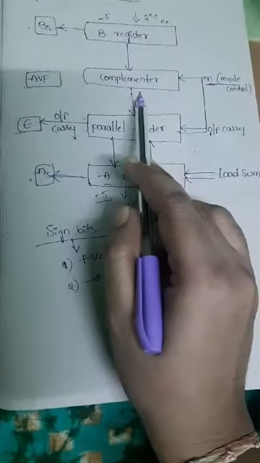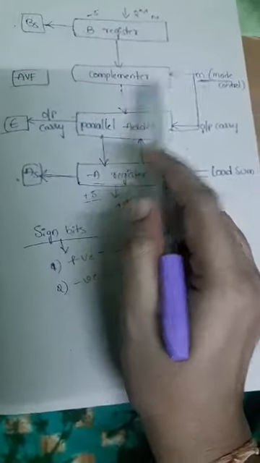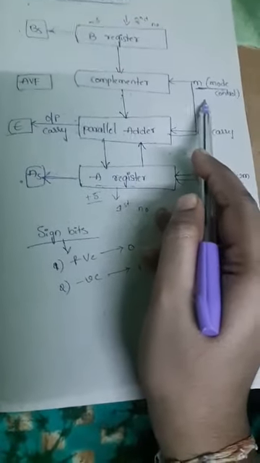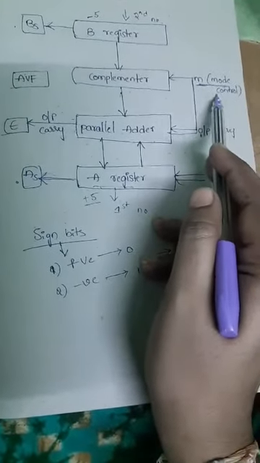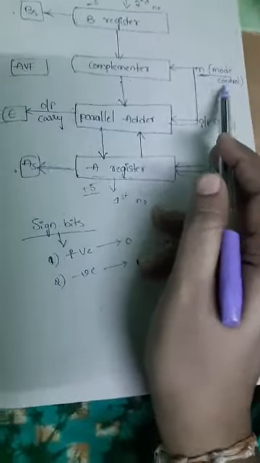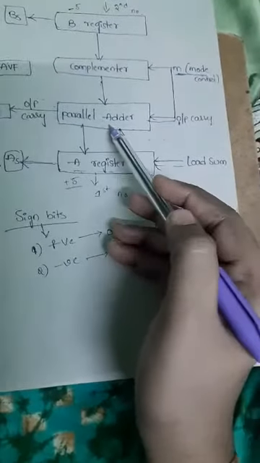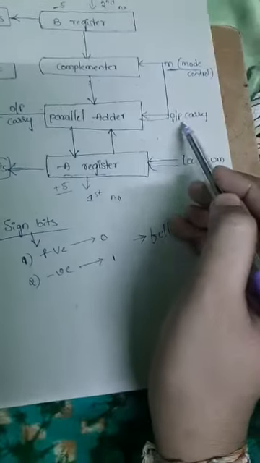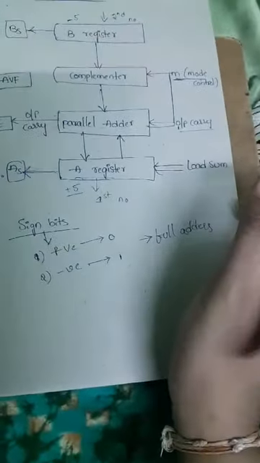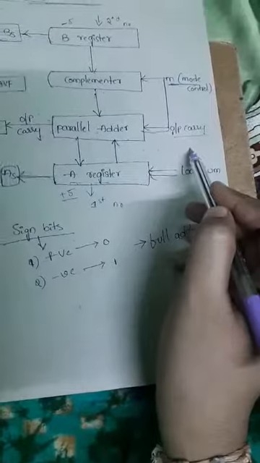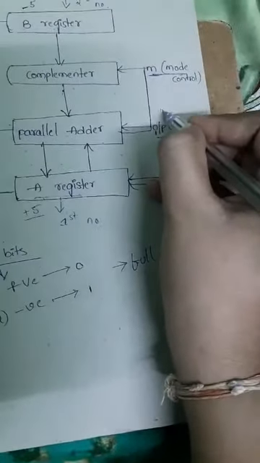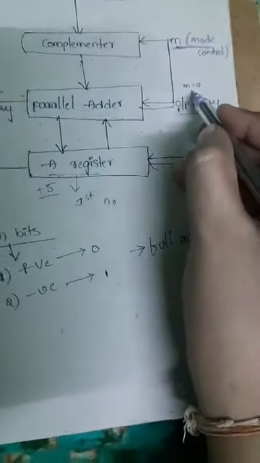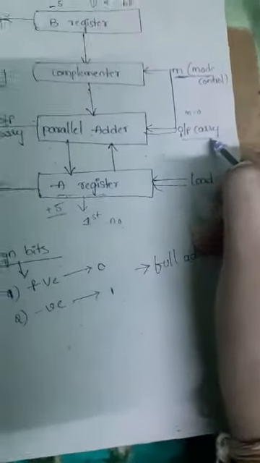The value of the mode bit may be either 0 or 1. If the value of the mode bit is 0, then it will be passed as the input to the parallel adder, which we can call the input carry. So if M equals 0, that M equals 0 we call the input carry.